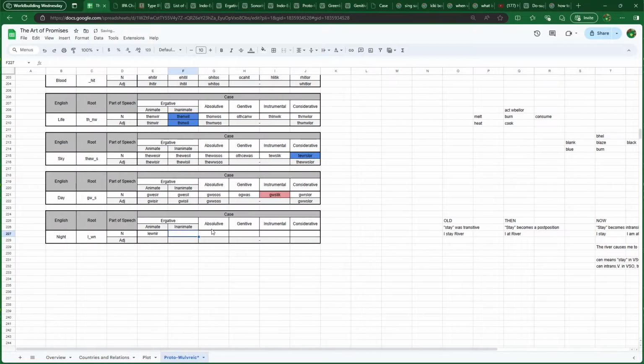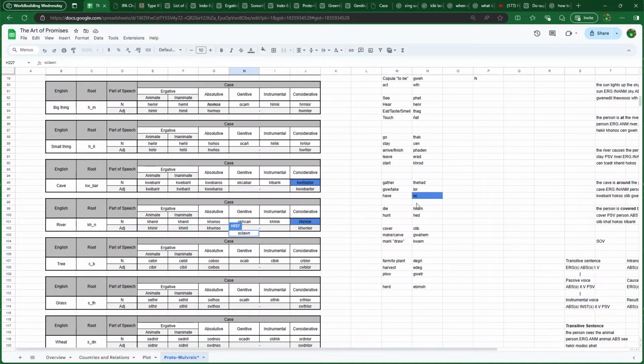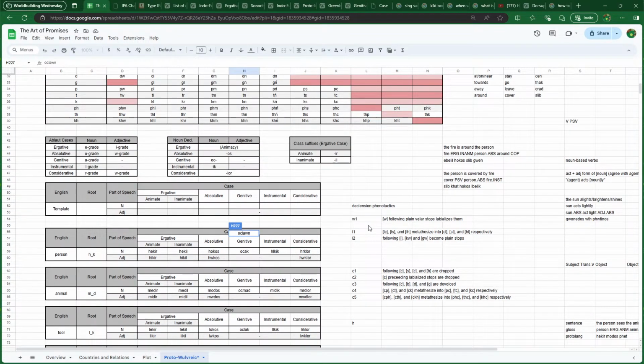Lewinier. Lewinil. Lonos. Sus. Genitive is Oshlawin. Right? Yeah, Oshlawin. That's allowed, right? Yes.